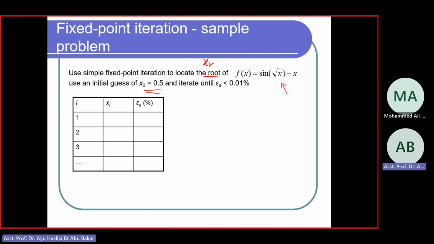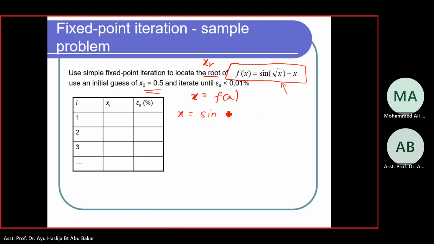First thing first, we need to rearrange the equation in order to get x equals to g(x). From the equation given over here, we rearrange, so you will get x equals to sine of the square root of x. You rearrange to form this.